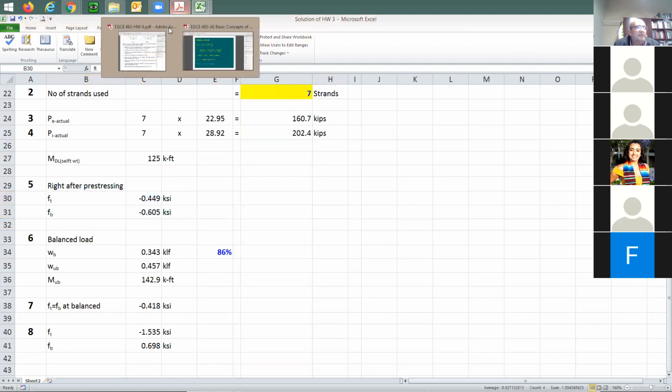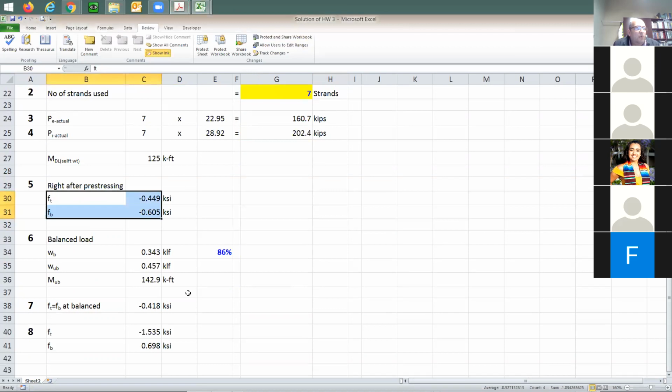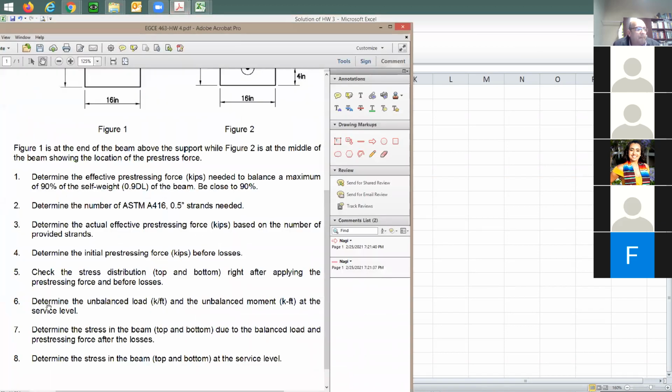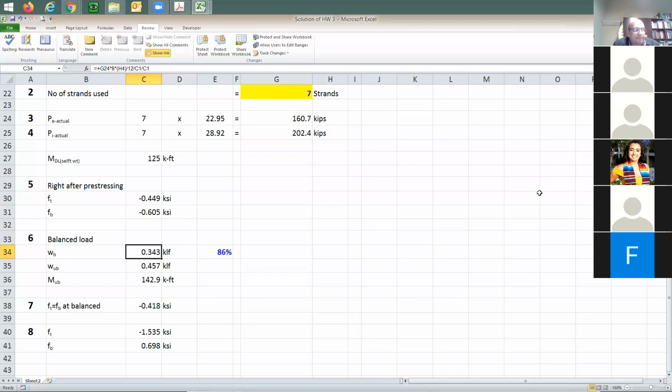All right. Now let's look at the balanced load. Who got the same answer as this balanced load? This is going to be for item number 6. How did you do here the balanced load and then the unbalanced load? I got the same.